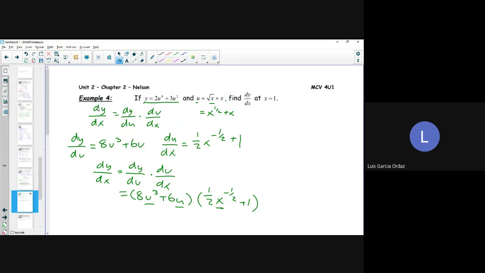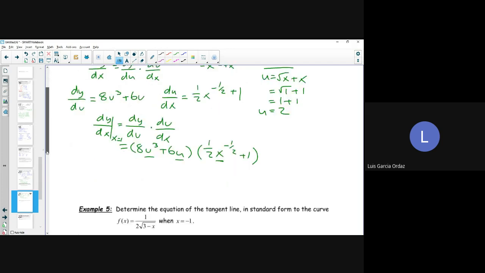What I'm going to do is sub in x for my function u. So I have u is equal to root x plus x, which is equal to root of 1 plus 1, which is equal to 1 plus 1, which is equal to 2, which means that wherever I see u, I can plug in the number 2.